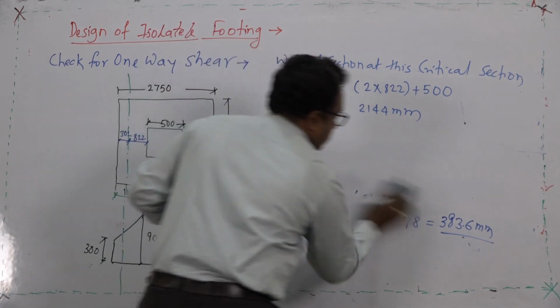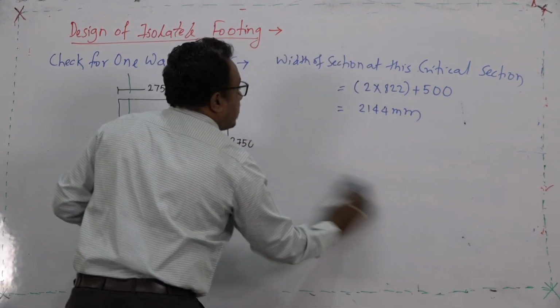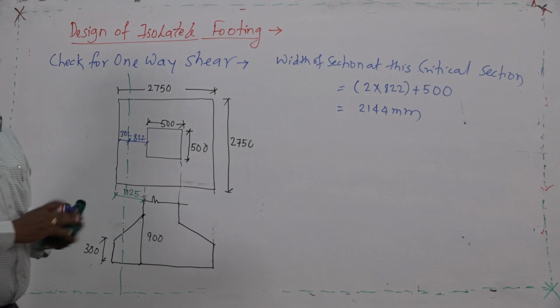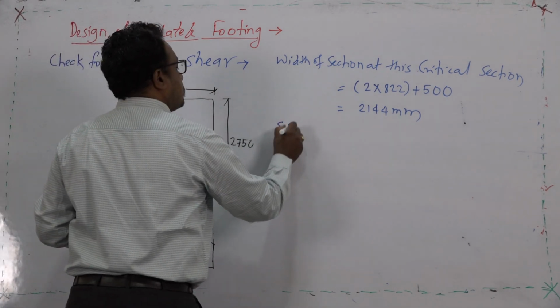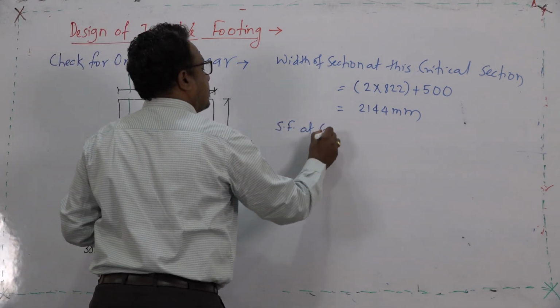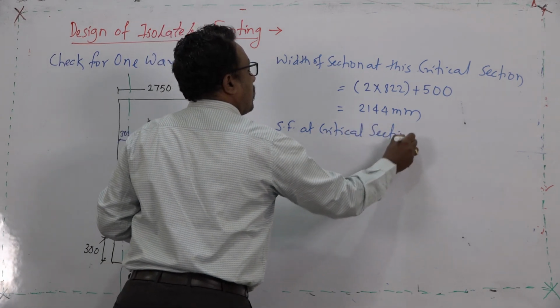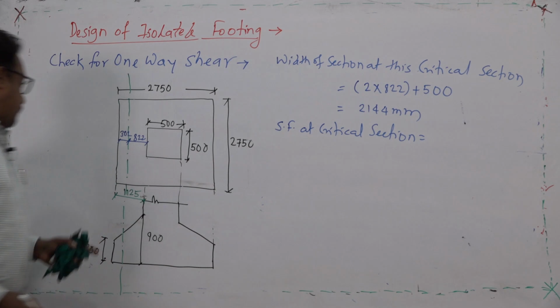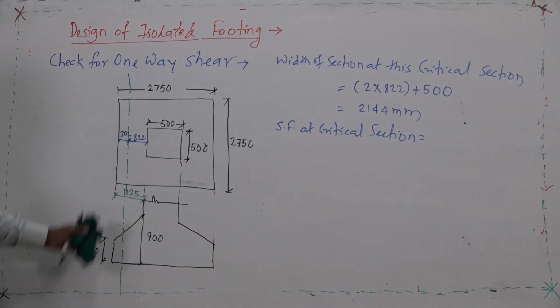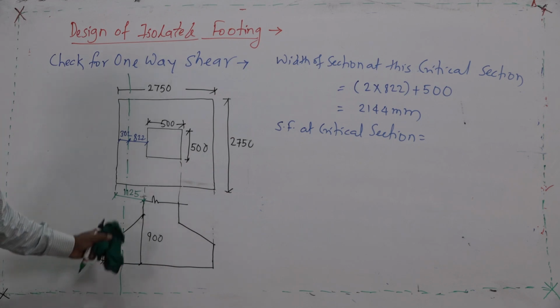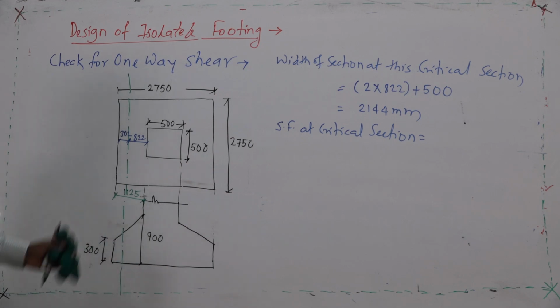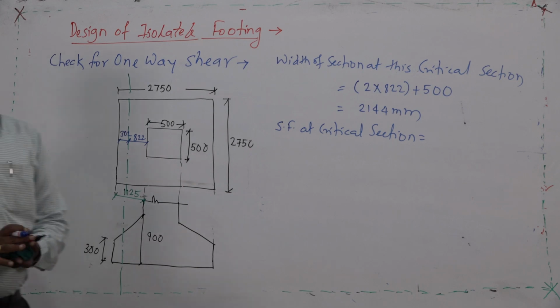Now, the other important part is that we will try to find out the shear force at this critical section. Let us see what will be the shear force. Yesterday we discussed that the shear force will be induced at the section and that is governed by the upward pressure.